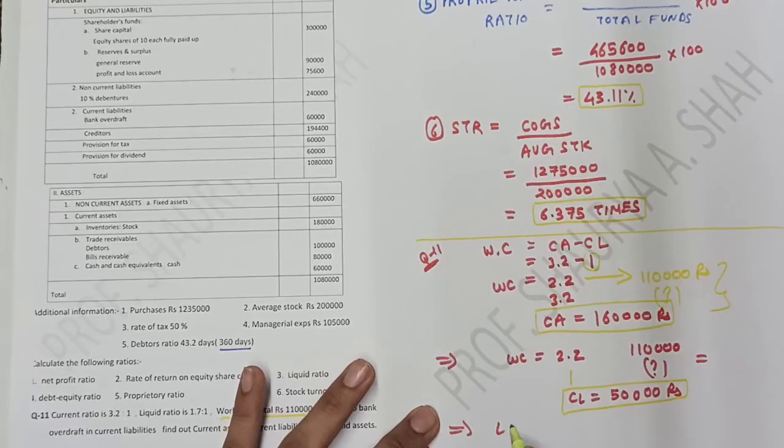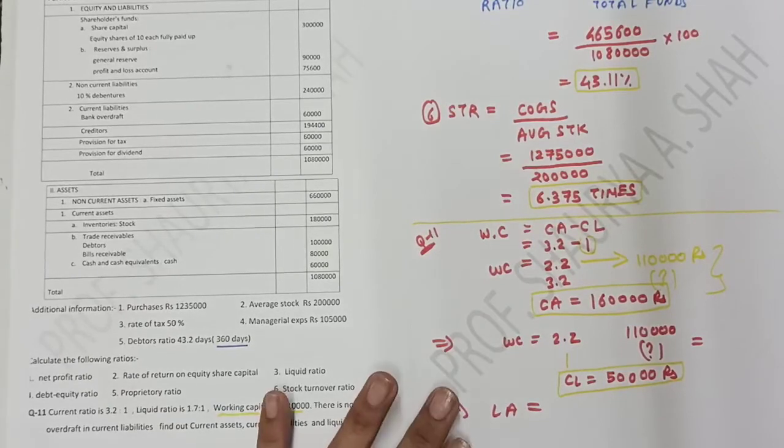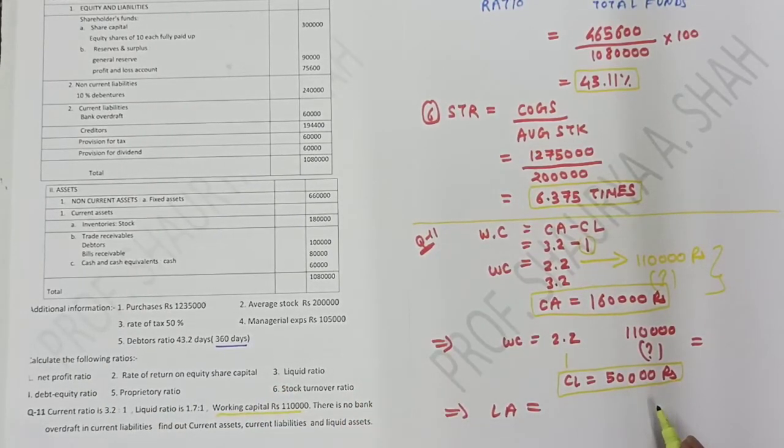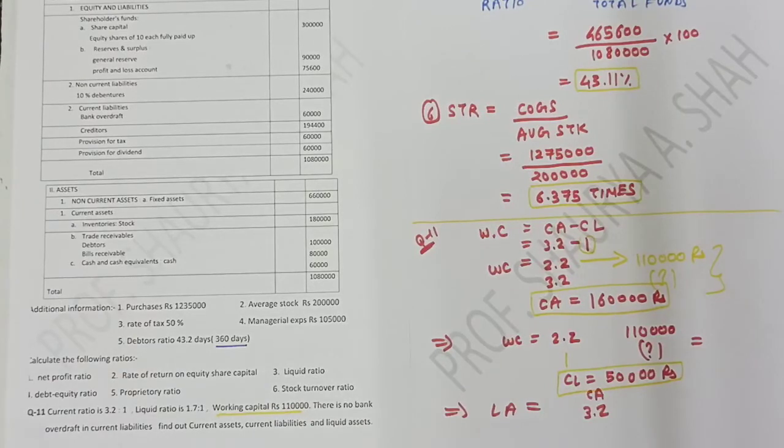Putting up in the same equation, if my current assets are 3.2 equal to 1,60,000 rupees, what is my liquid asset? My liquid asset is 1.7. If my current assets 3.2 equal 1,60,000, my liquid asset is 1.7.